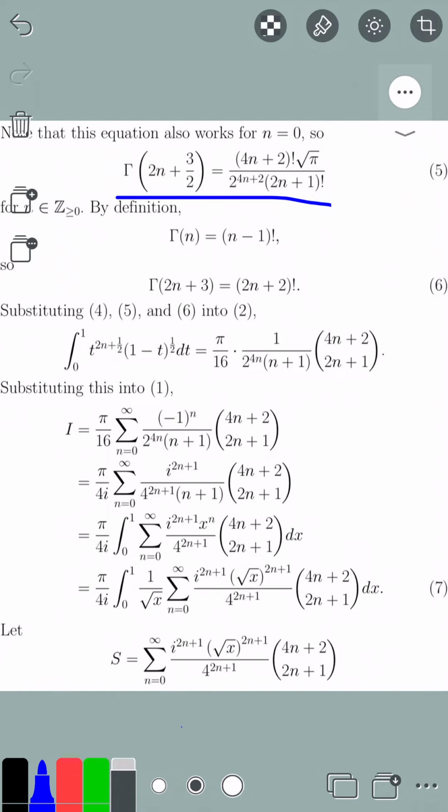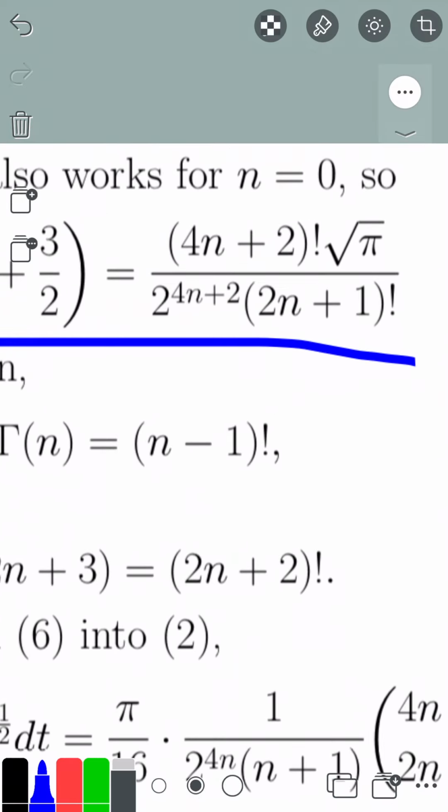And if we plug in n equals 0 to the right hand side here, we get 4 times 0 plus 2 is 2, 2 factorial is 2. And then in the denominator, 2 to the power of 4 times 0 plus 2 is 4, and 2 times 0 plus 1 is 1, 1 factorial is 1. So it's 2 over 4, which is 1 over 2, times square root of pi. So that's correct.